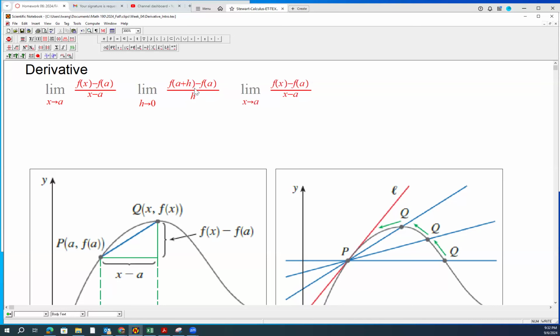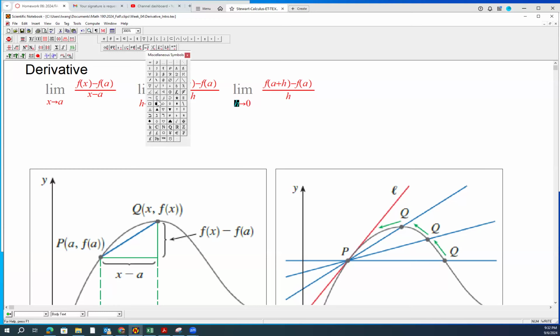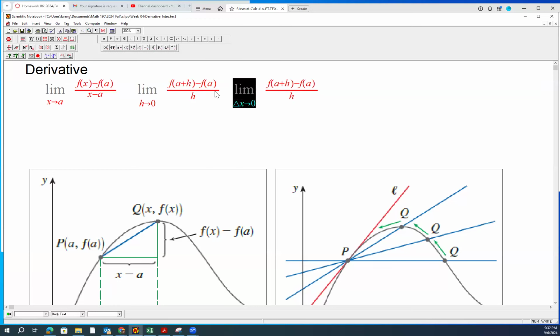Next form, I'm going to use delta x. So h is substituted by delta x. You don't see that in textbooks yet, but you will see it at some point.